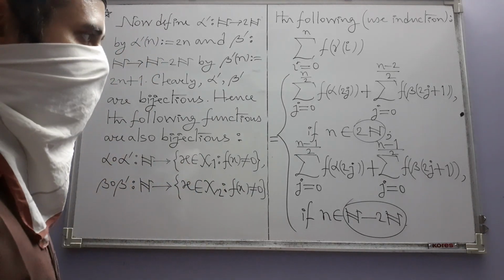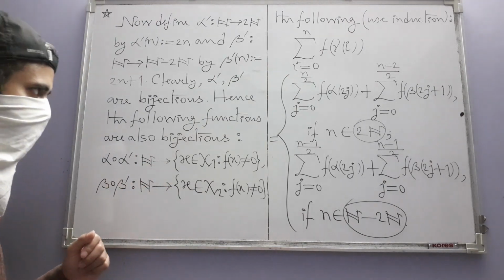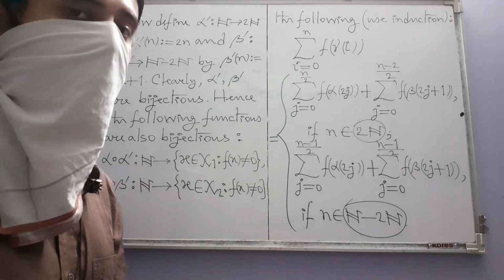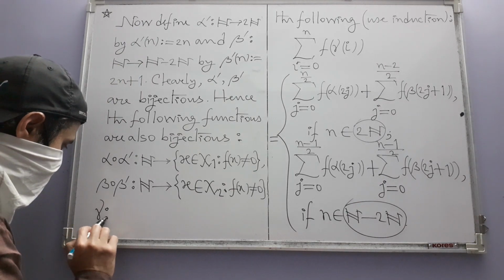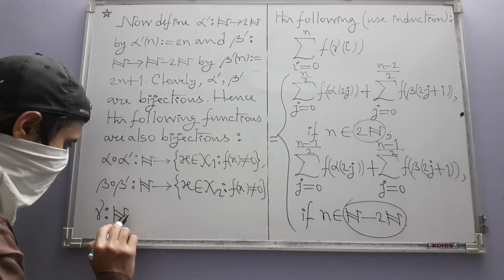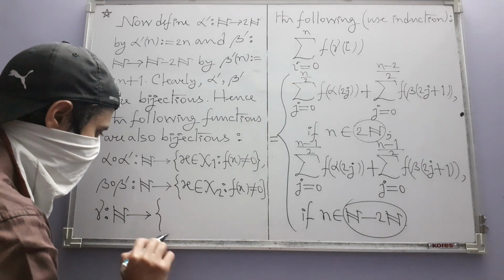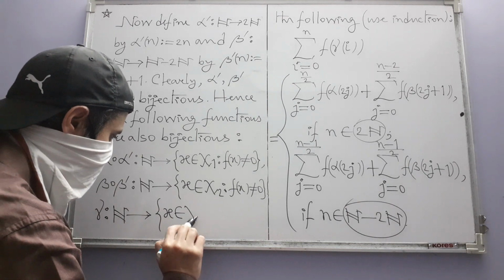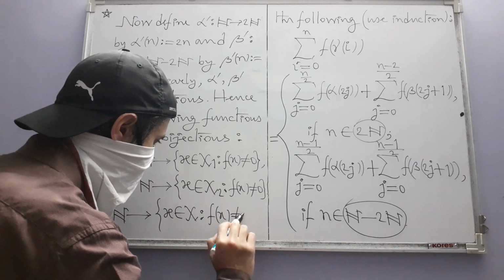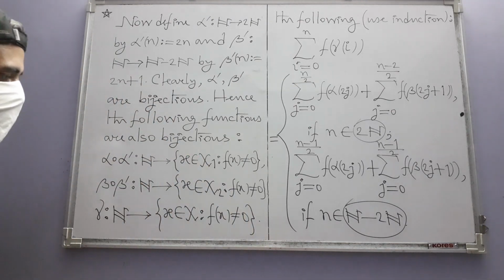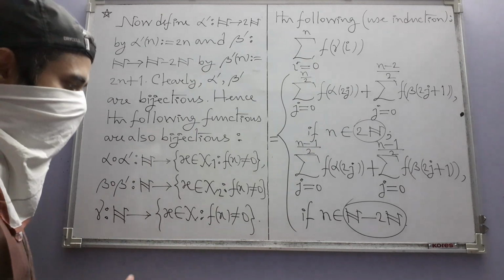Okay. Now you remember what type of function was gamma, original gamma. Gamma was a function from n into this, and we claimed back there that gamma is a bijection, which you have to show.